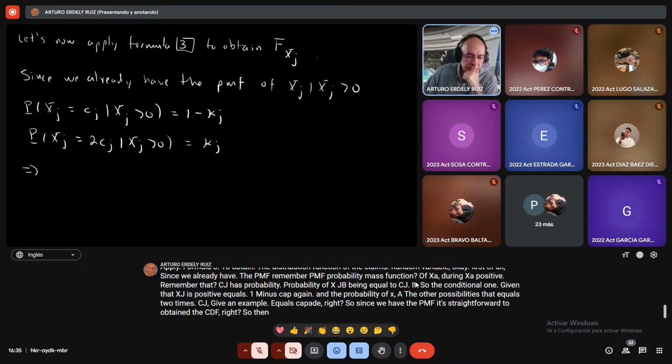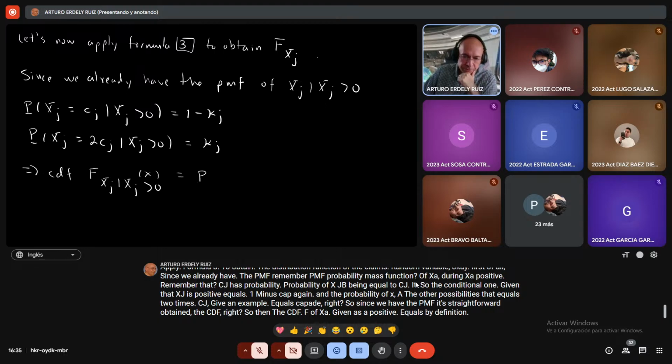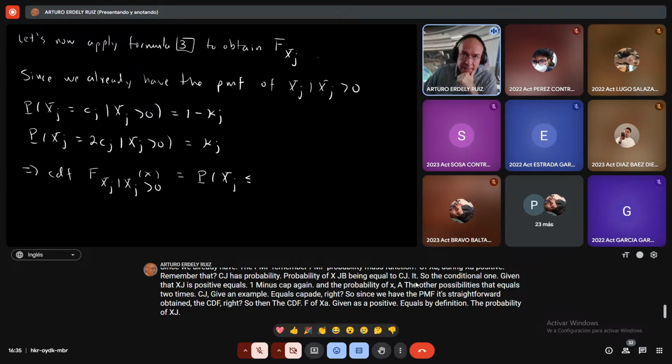So then the CDF of xj given xj positive equals, by definition, the probability of xj being less or equal than small x given xj positive, right?